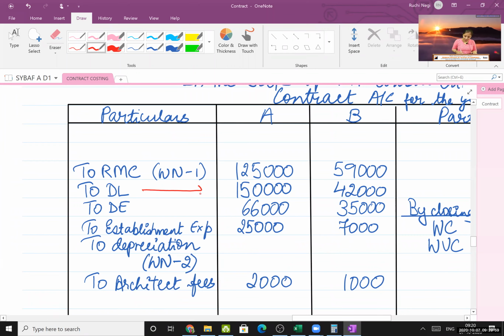Direct expenses, sorry, direct labor, 1,50,000 and 42,000. Then direct expenses, 66,000 and 35,000. Then establishment expenses, 25,000 and 7,000. Architect fees, 2,000 and 1,000.